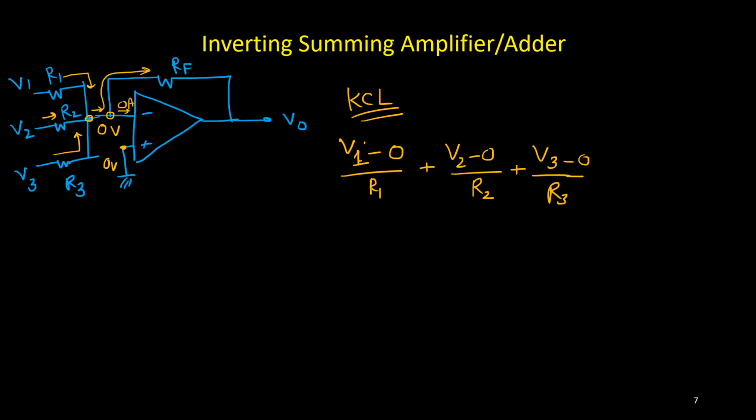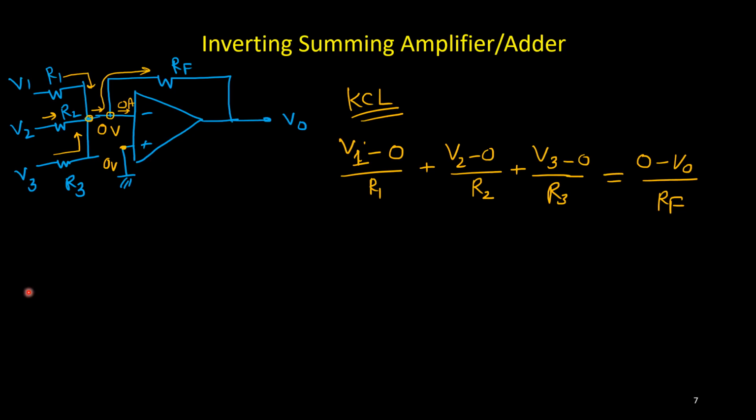And that leaving current is 0 minus V0 upon RF. Right? So this is the leaving current, 0 minus V0 by RF. And this is the incoming current, three incoming currents: V1 minus 0 upon R1 plus V2 minus 0 upon R2 plus V3 minus 0 upon R3.